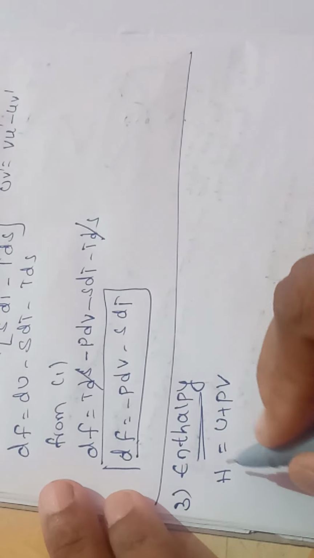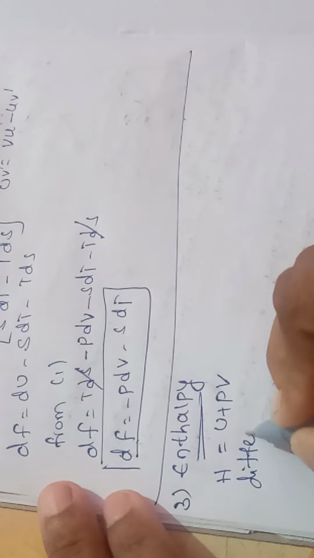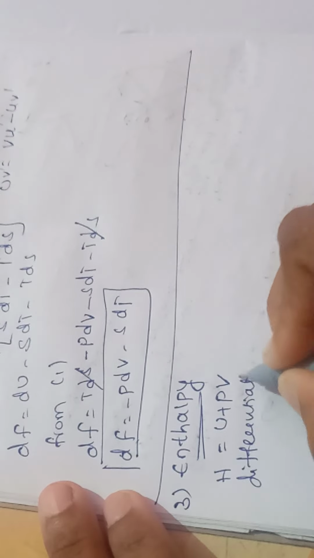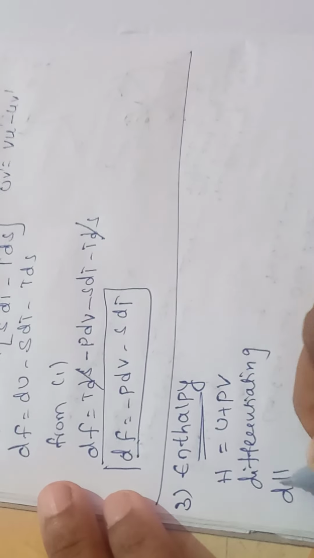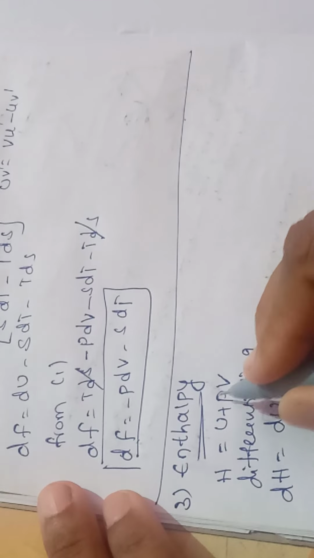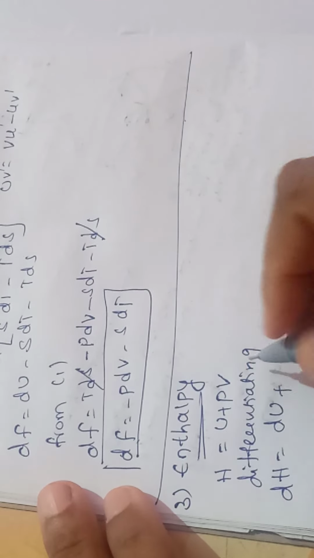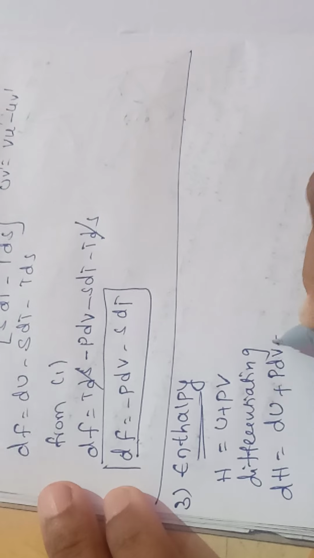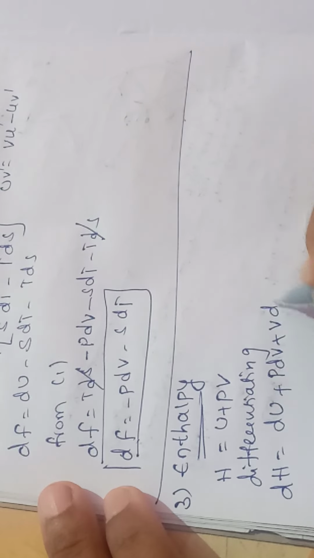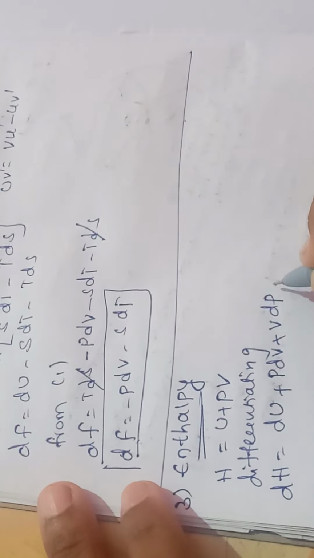Right? Now differentiating this equation, we get dH is equal to dU plus, we are using the UV method, U V dash plus V U dash, we get PdV plus VdP.